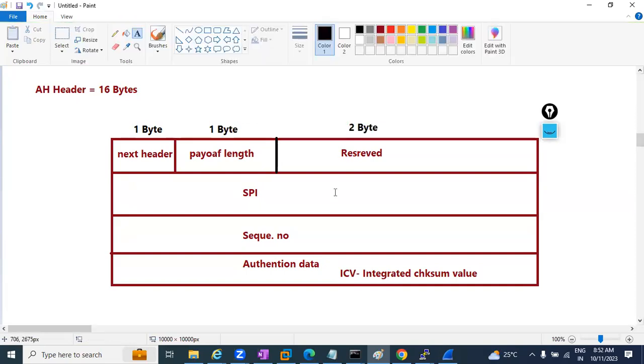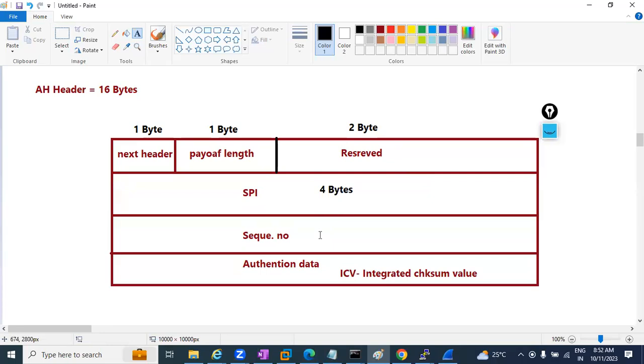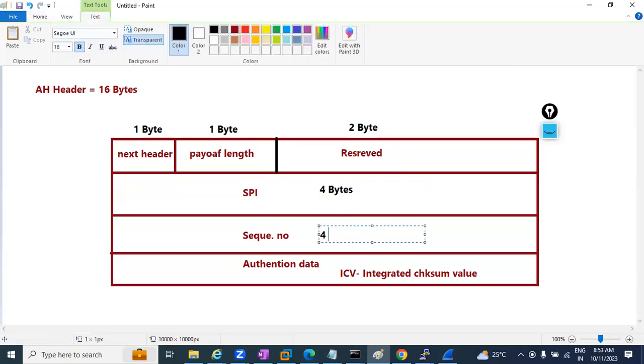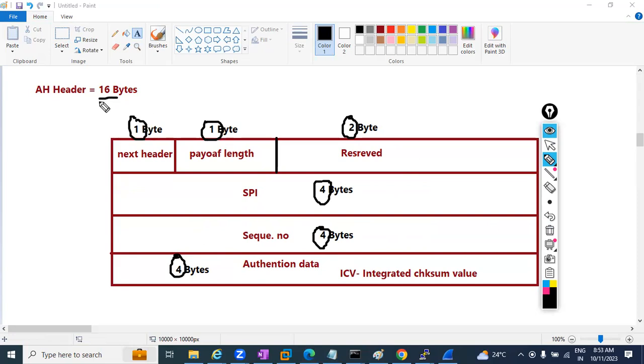This is 2 bytes. This is again 4 bytes this time, and this is also 4 bytes, and this is also 4 bytes. So you can see 4 plus 8, 12, 14, 15, 16. So the overall size is 16.